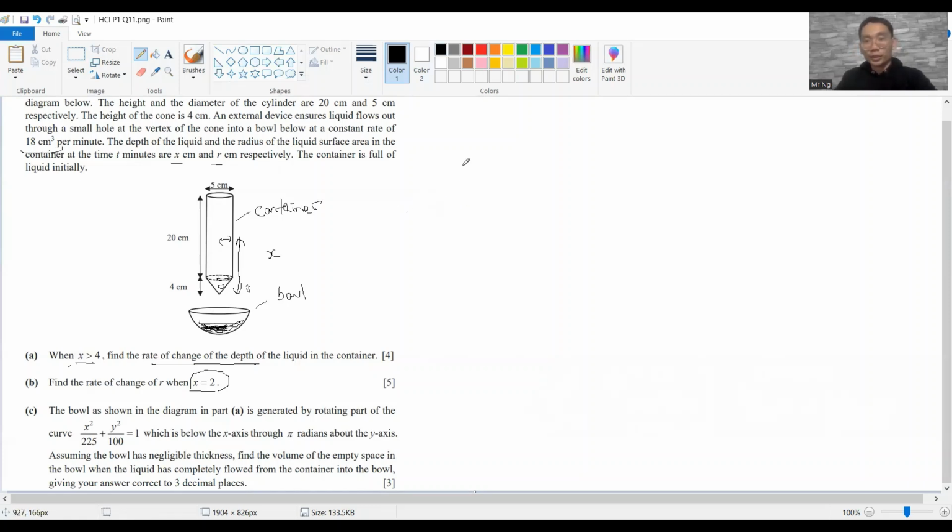Firstly we need to find the volume of the container. So volume of container will be equal to, just now was the volume of remaining liquid. That V was equal to that.